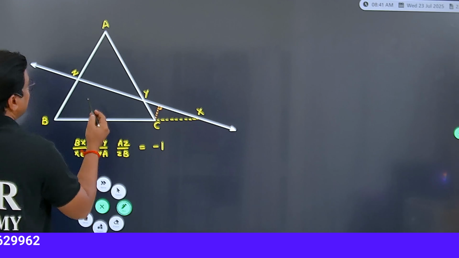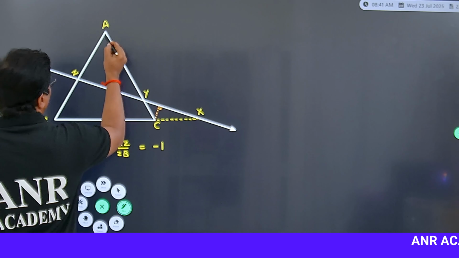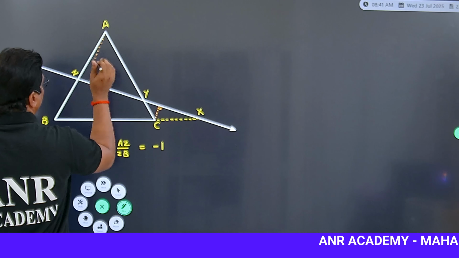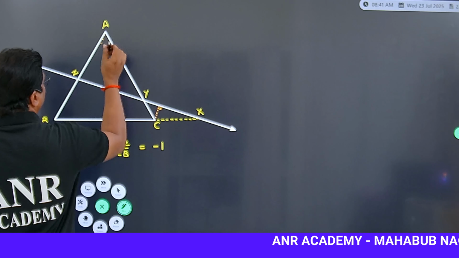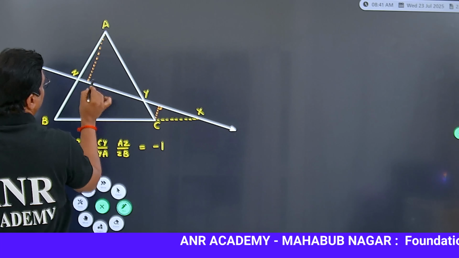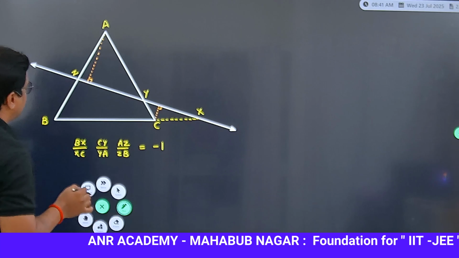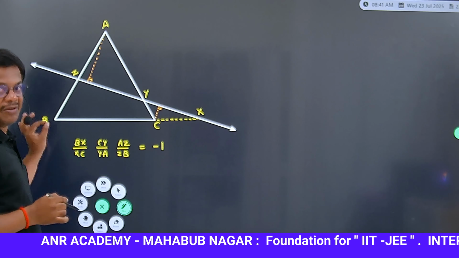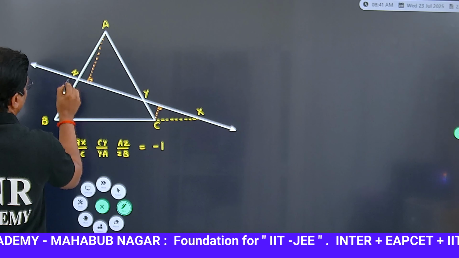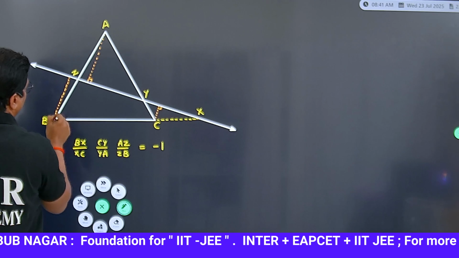Next, from vertex A to the transversal, one more perpendicular I am going to drop. Yes, this is another perpendicular. Next, from vertex capital B with respect to the transversal, another perpendicular I am going to drop. This one.